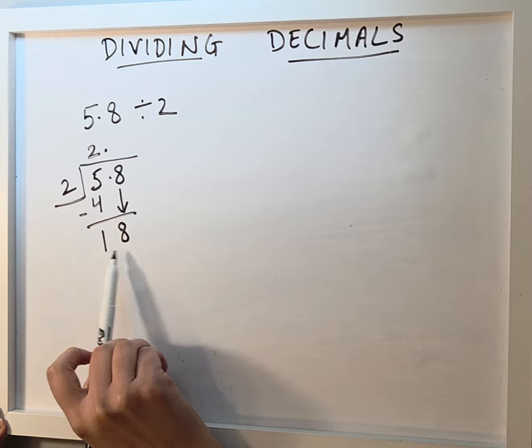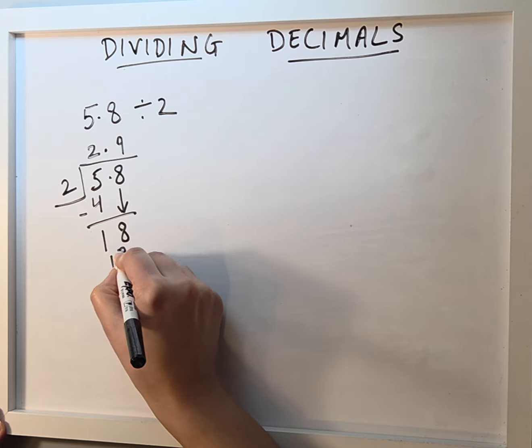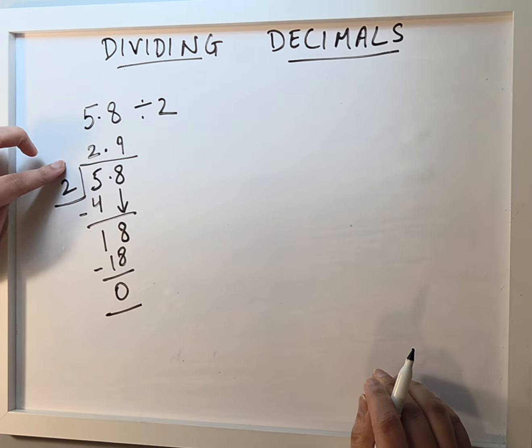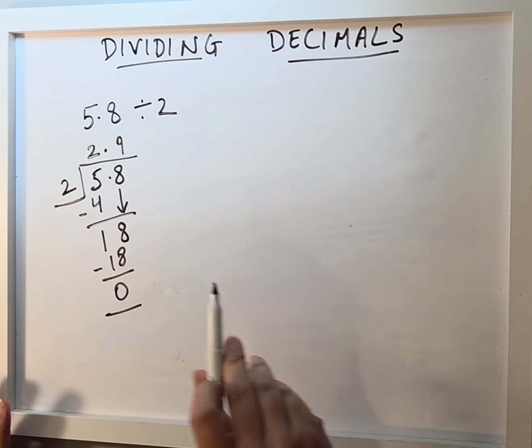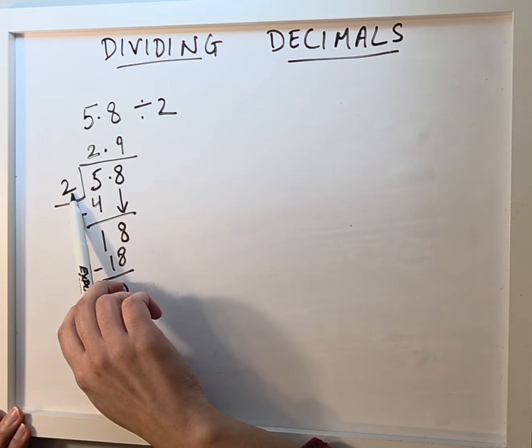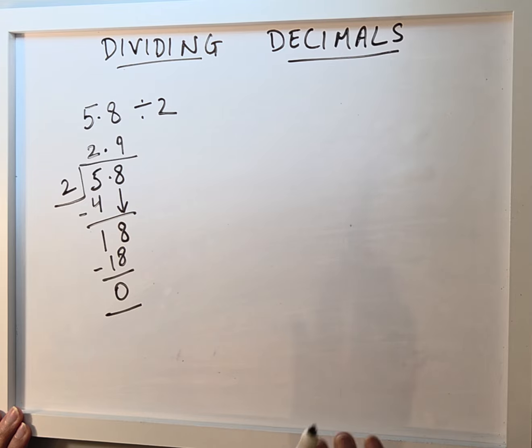So now for 18, 2 into 9 is 18. And we get 0. So the answer is 2.9. So whenever we are dividing a decimal by a whole number, we can do division and we need to just align the decimal point.